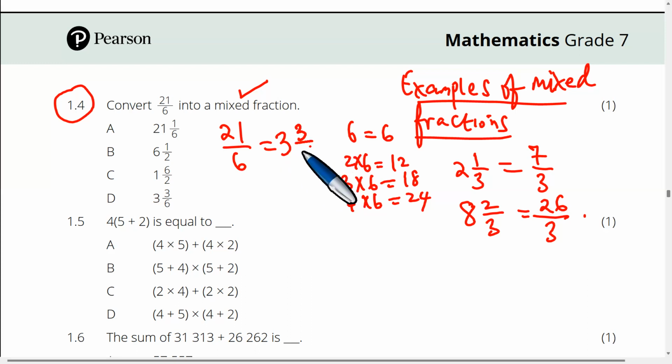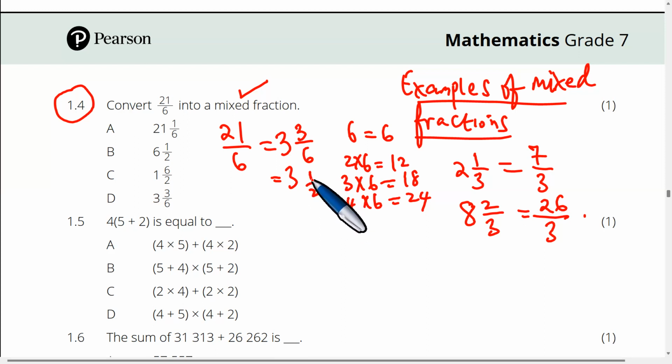So obviously this is going to be 3, and the remainder is 3 out of 6. Let's see what you're getting in 1.4. And so this is exactly what you get. What did you think it was? 6 and 1/2. Yeah, B. Okay, that's fine. 3 goes how many times into 6?